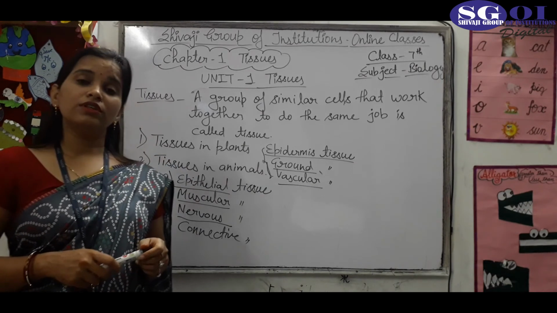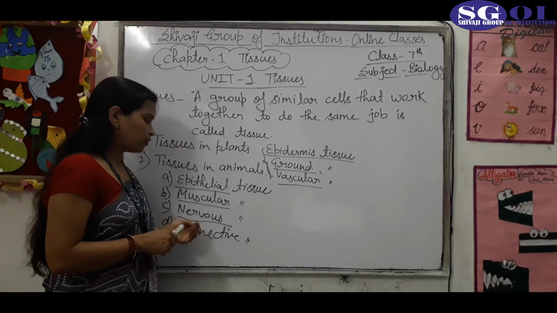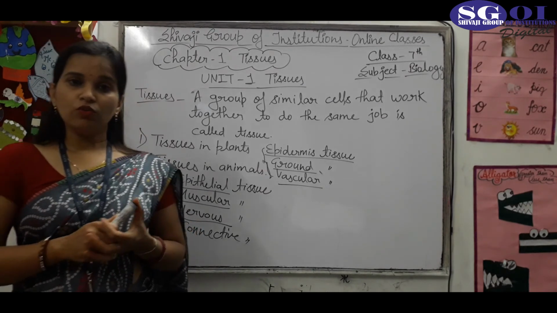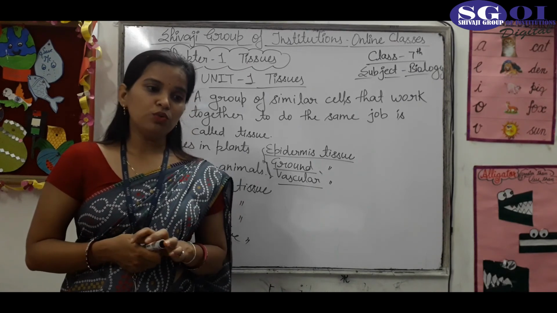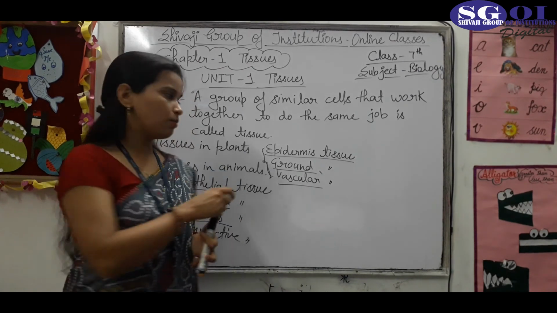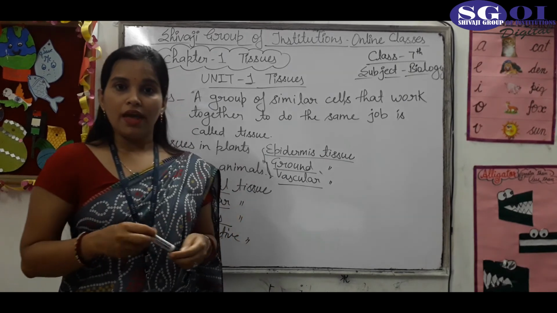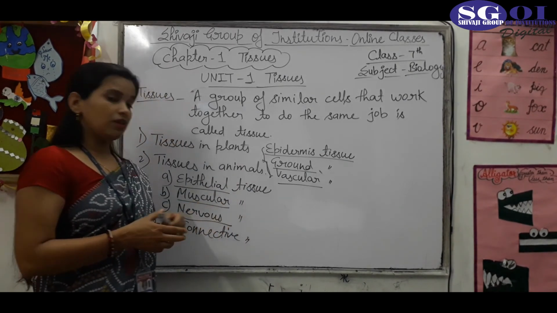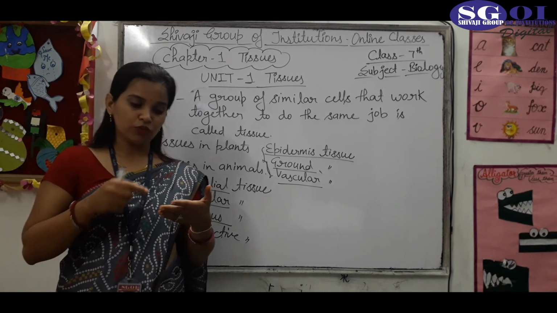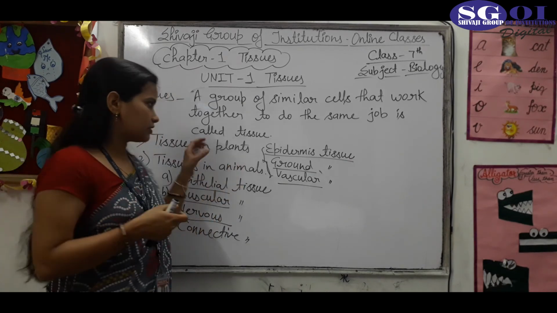And nervous tissue plays a very important role because at that time when you are reading, you are seeing the letters on the book or on the board, and then what happened? At that time you are seeing the letters, your eyes see those letters.